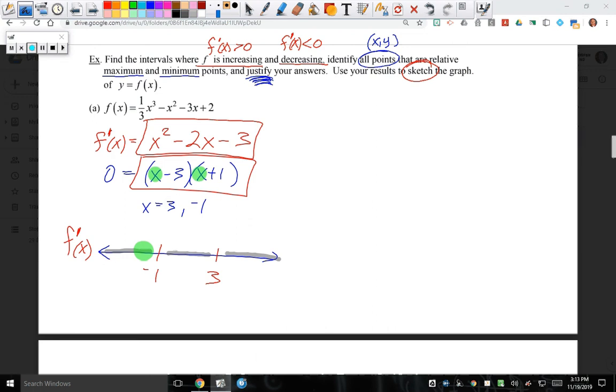So negative 2 minus 3, negative. Negative 2 plus 1, negative. So the product is positive. That's how I want you to do it. What number do you think we could test that's easiest? 0. So when I plug in 0, the first sign is negative. The second sign is positive. So the product is negative. And what's my last sign? Positive.